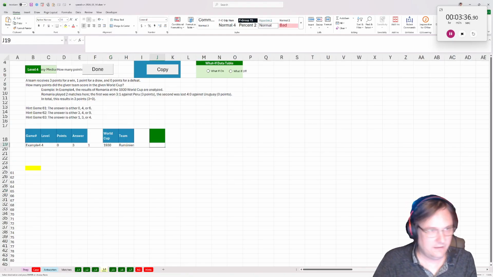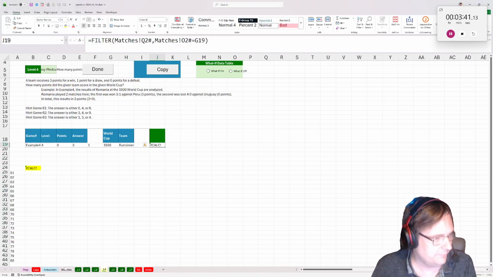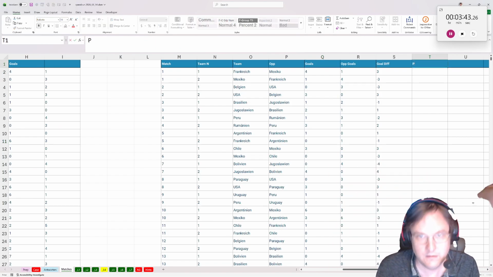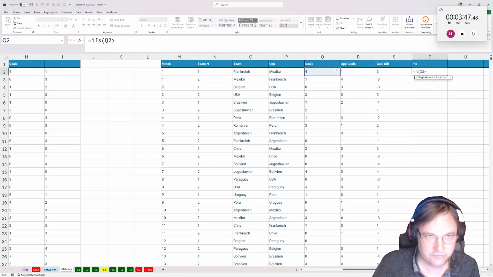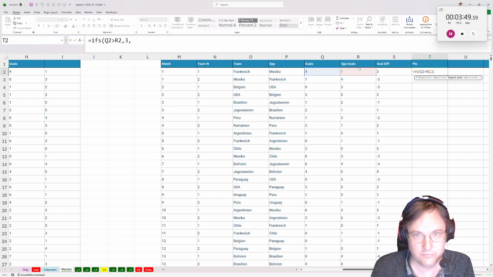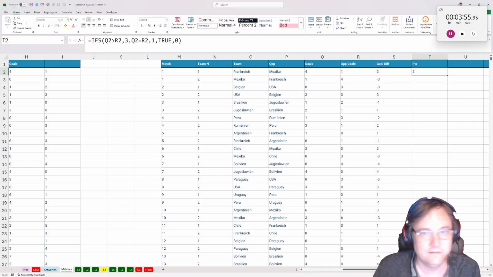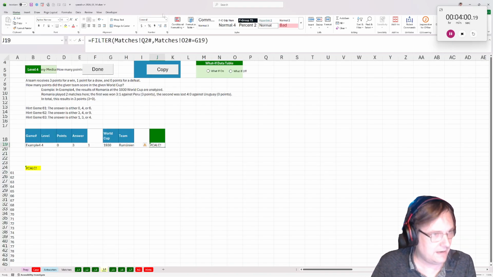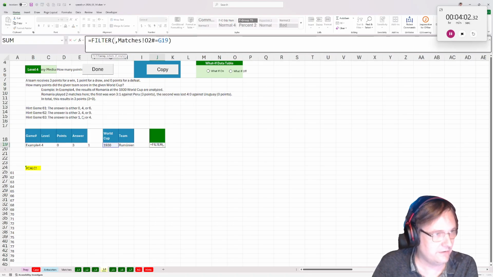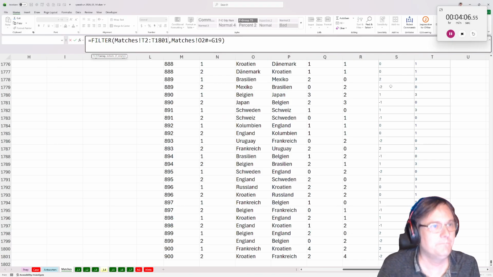All right, so now I'm going to do something similar, except I need points, right? So points is ifs. If your goals is greater than your opponent, you get 3 points. If your goals is equal to your opponent, you get 1 point. Otherwise, you get 0 points. So now it is filter the points, right?